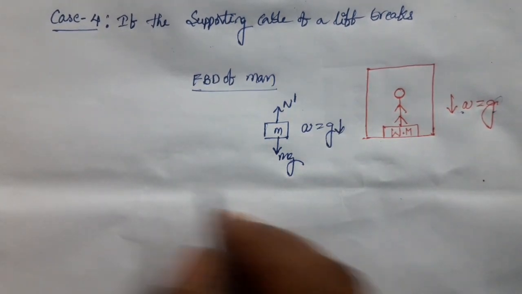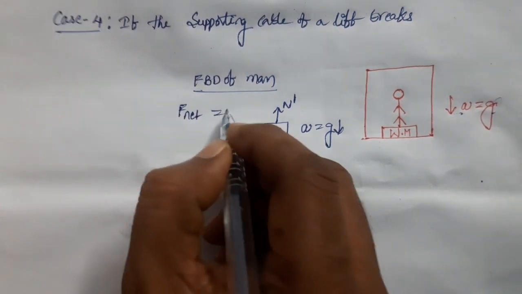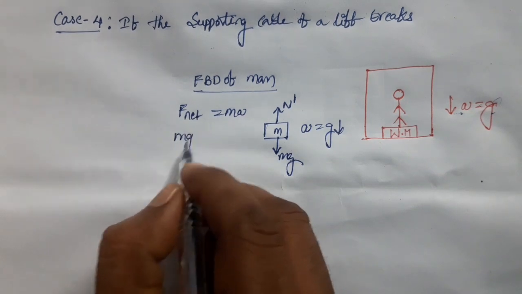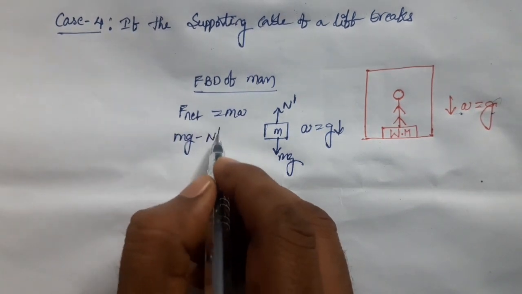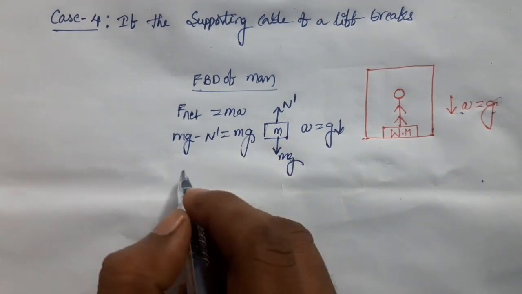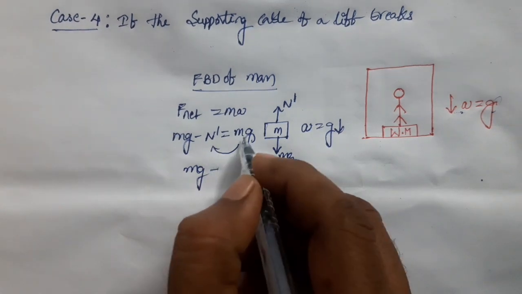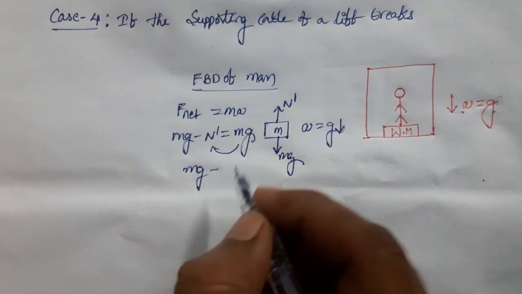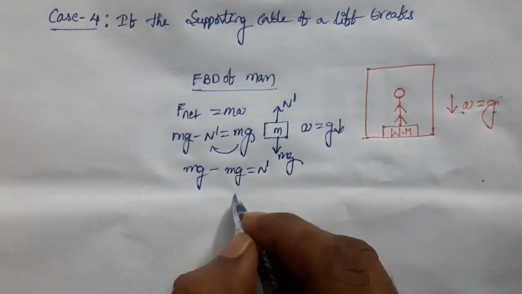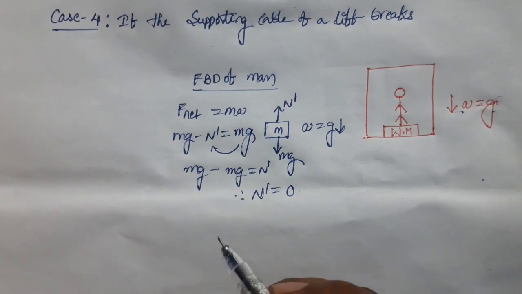So here we can write according to Newton's second law, F net is equal to ma, and here F net is driving force minus opposing force, equal to m into g, students. Now mg can be transferred from the right side of the equation to the left side, that is negative. So mg minus n dash is equal to mg. Therefore n dash is equal to 0 because mg minus mg is 0.